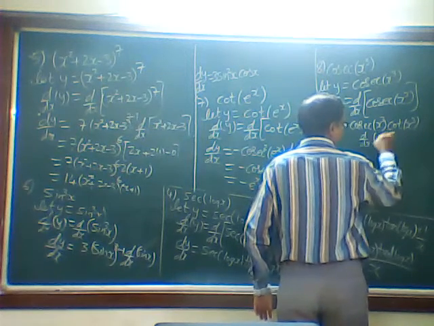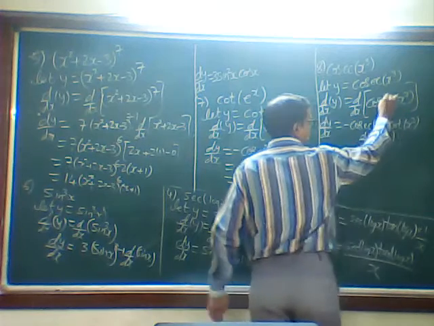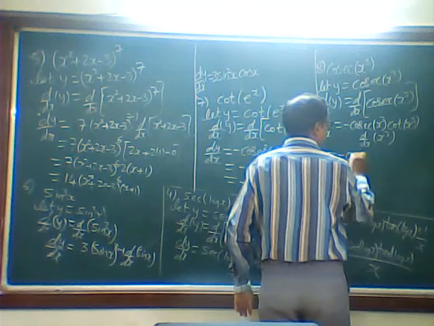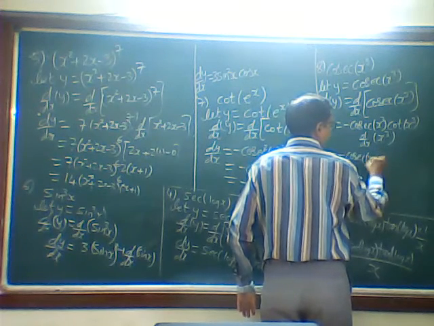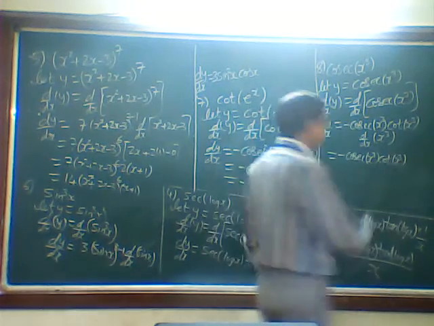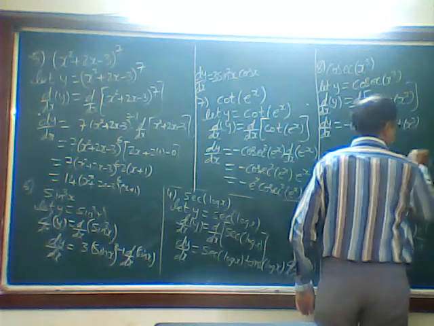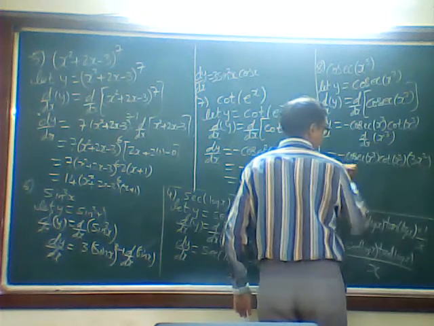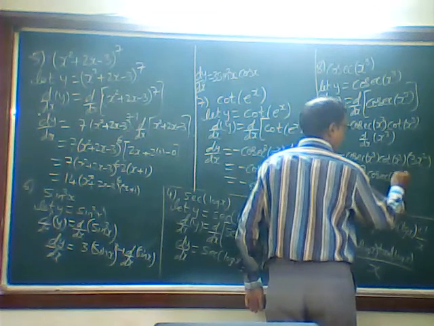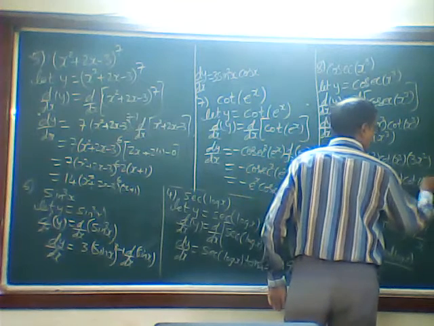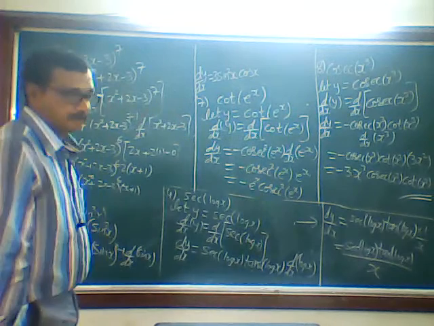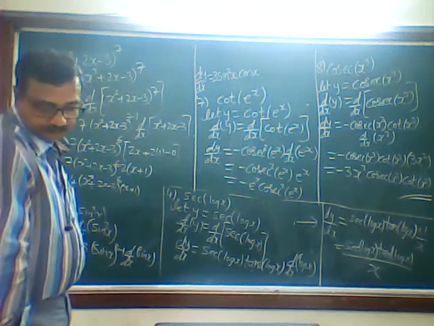D by dx of x cube is what? 3 times x square. So if you want, you can rewrite it as minus 3 x square into cosec of x cube into cot of x cube. Okay.